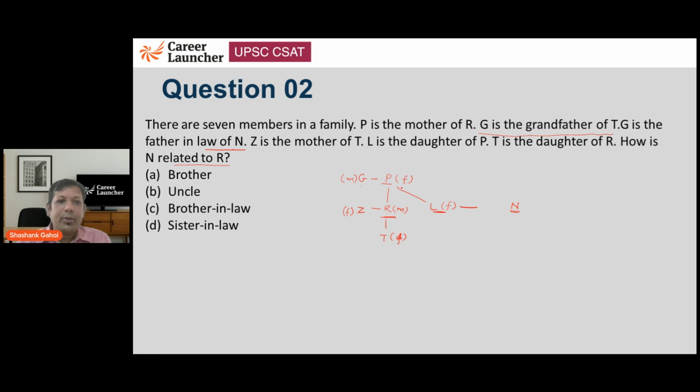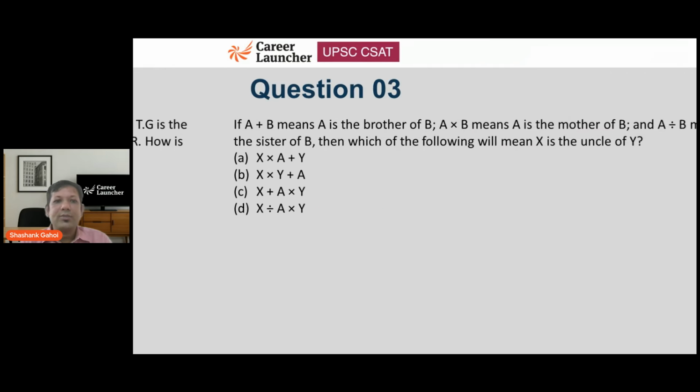These two people are going to be brothers-in-law. So the answer of this question comes out to be option C. It's not necessary that N is going to be the husband of L. There are chances that G and P have another daughter and N is the husband of that daughter. That is also possible. But even in that case, R and N, both of them are going to be brothers-in-law. Okay. Now let's move on to the next one.